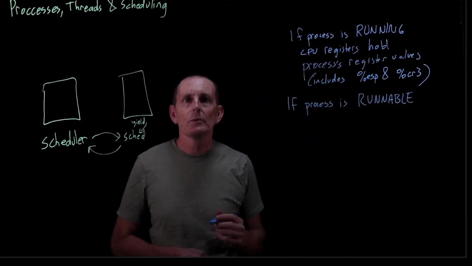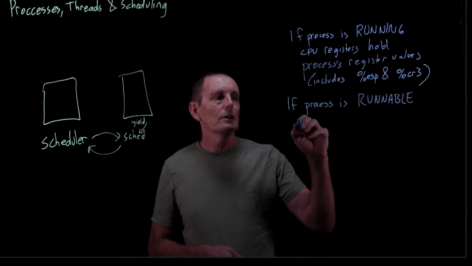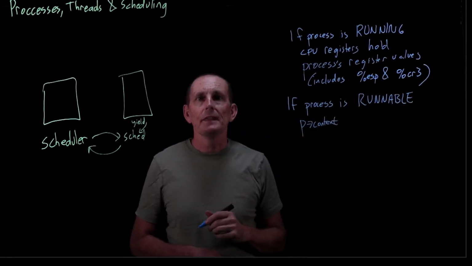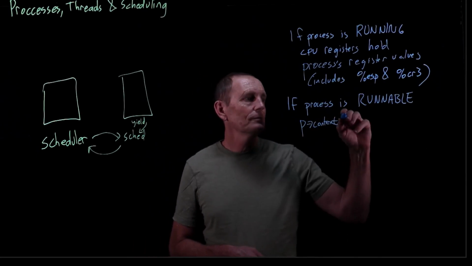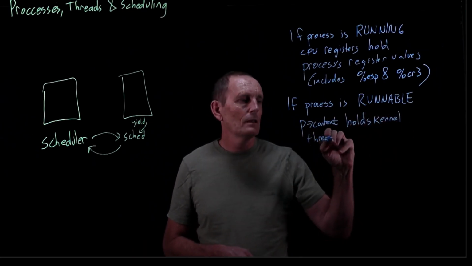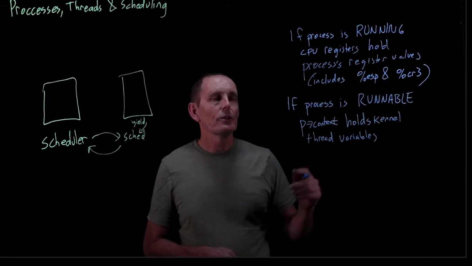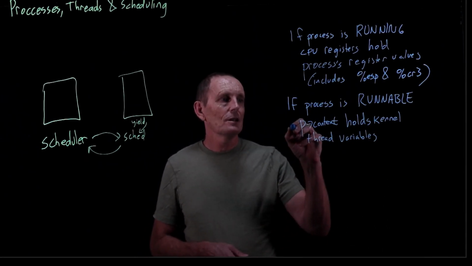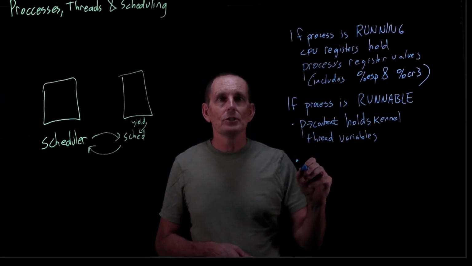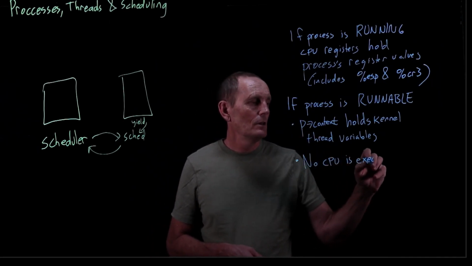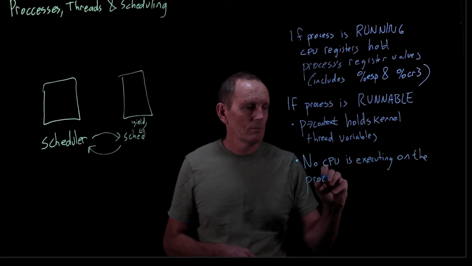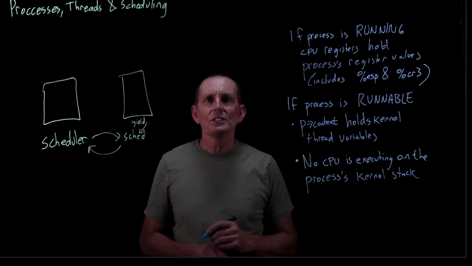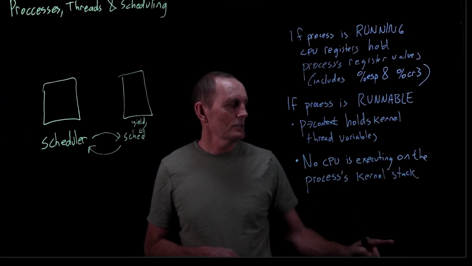if a process is runnable, then what do we know? Well, we know several things. We know that the process's context holds the kernel thread variables. That is the kernel thread registers. Right? What else do we know? So this is number one. Number two, no CPU is using the process's kernel stack.